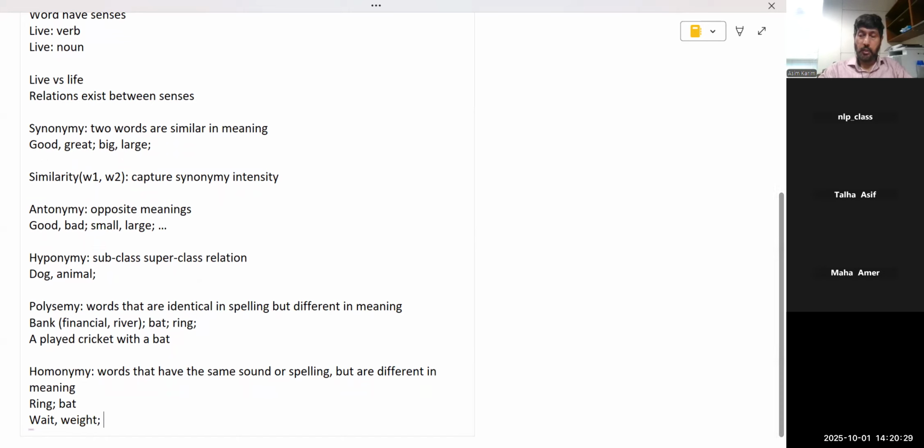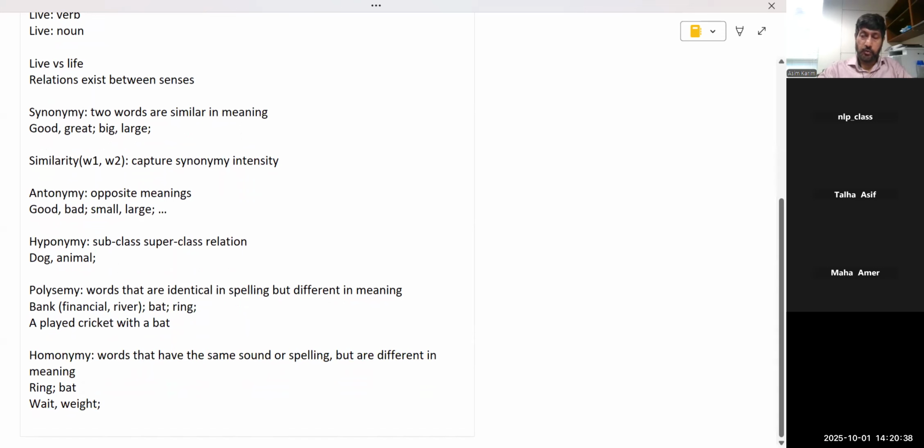Both are sounding the same, but they are different. Spellings are different, but there are also those that have the same spelling but have different sounds. For example, the live we saw earlier, that live, but this we will read as live, right? So again, same spellings and different sounds and different meaning.